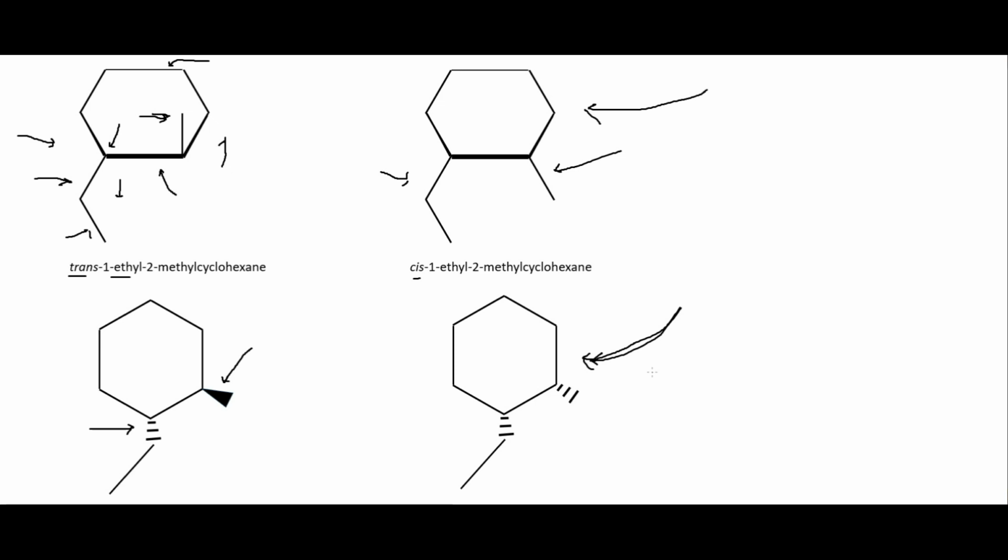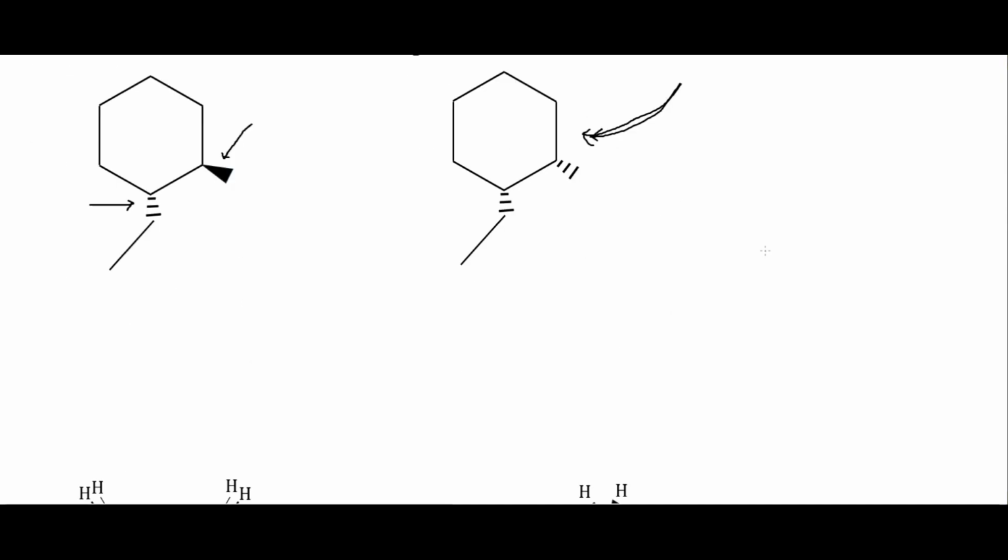Like in the previous video, we introduced Newman projections. So just a note on that is that a big part of this 200 level organic chemistry is introducing ways of portraying molecules. That's something to keep in the back of your mind, that we will see more of going forward.